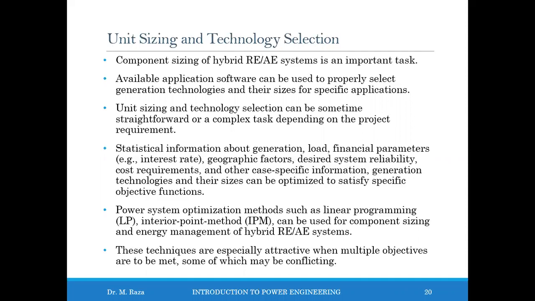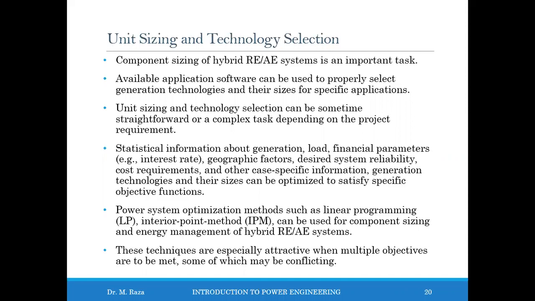Normally, based on available statistical information about generation, load, financial parameter, geographical factors, desired system reliability, cost requirement, and other case specific information, generation technology and their size can be optimized to satisfy specific objective function such as minimizing environmental impact, installation and operating cost, payback period on investment, and or maximizing reliability.